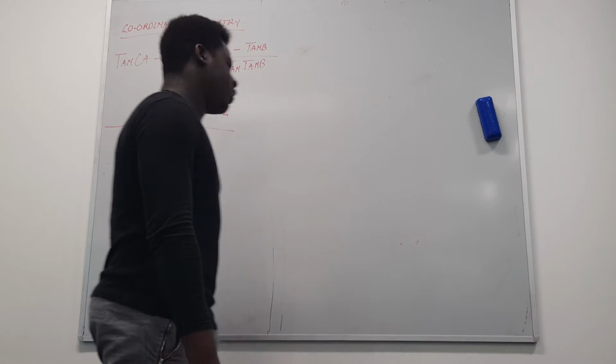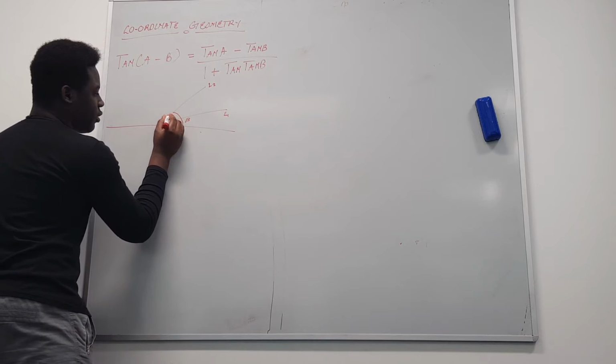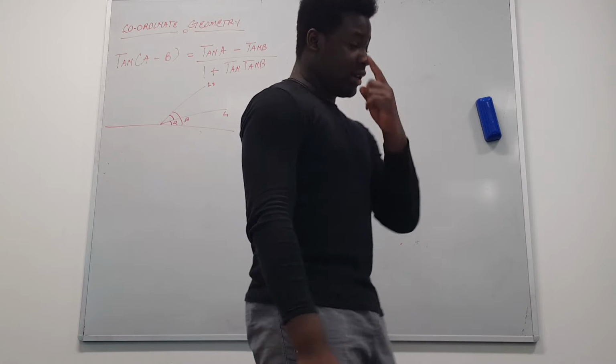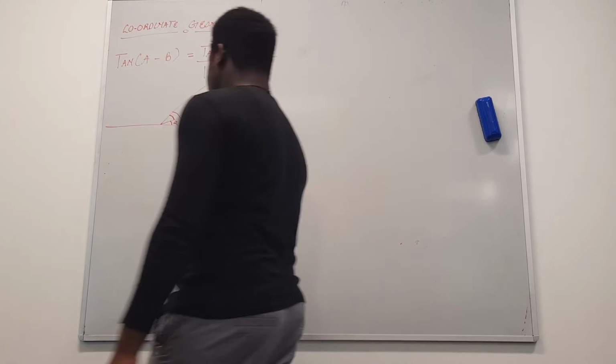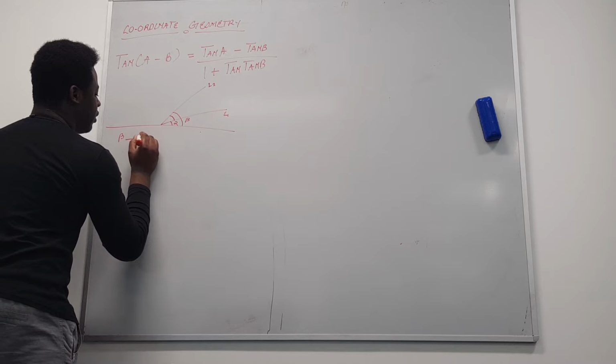However, you can show that the angle between L1, that's line 1, and line 2 will be beta minus alpha.